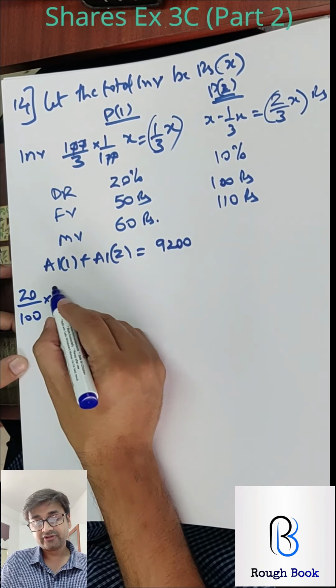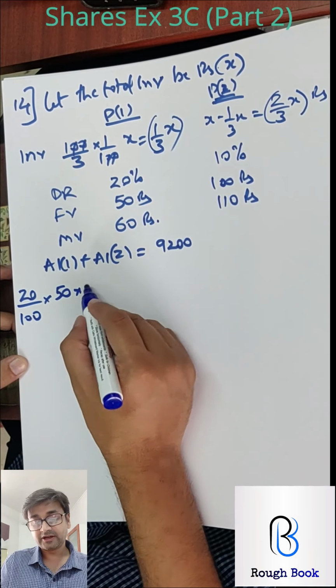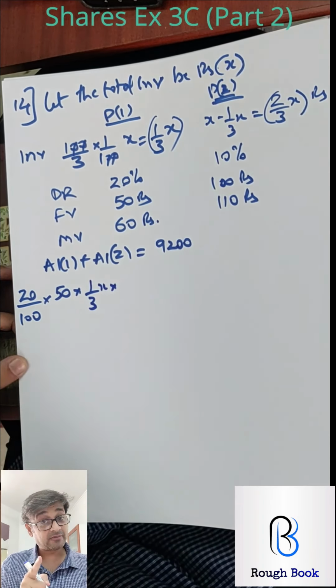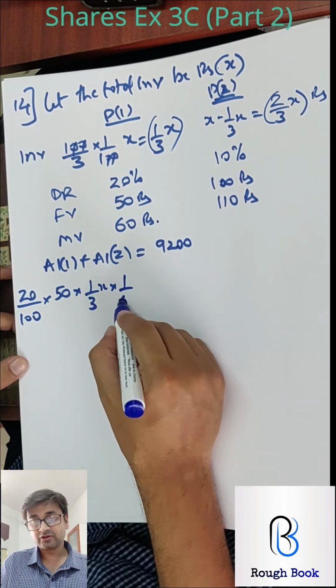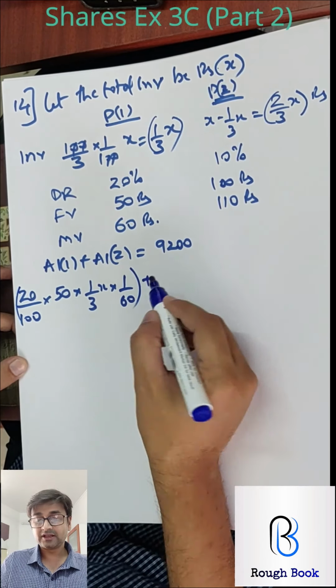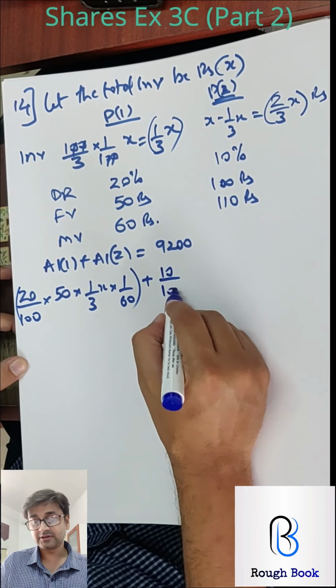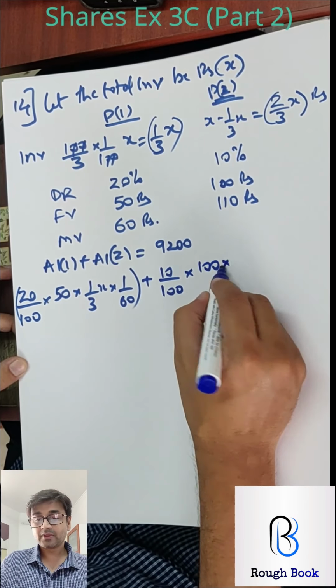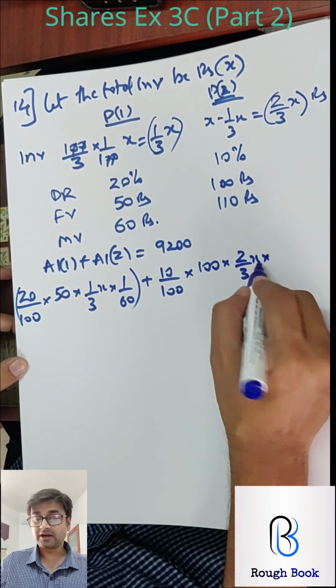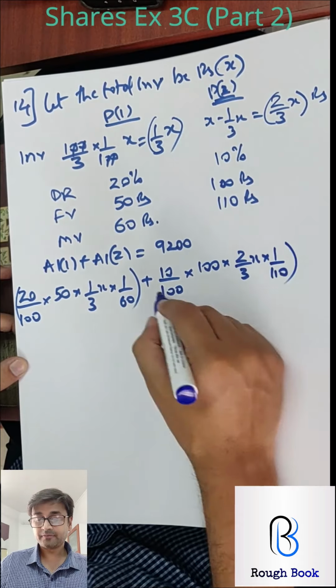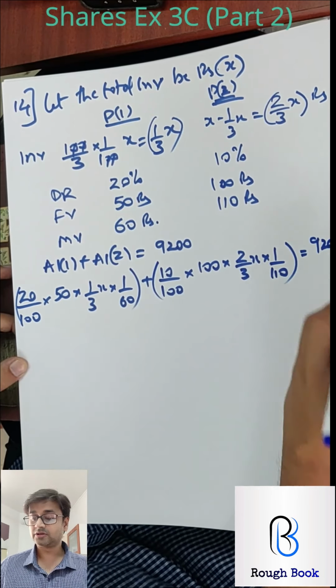20% into 50 into investment divided by market value. Remember, your market value is going to be 1 by 60, plus the second one, that is 10% into face value, investment, market value 1 by 110, and the total is 9,200.